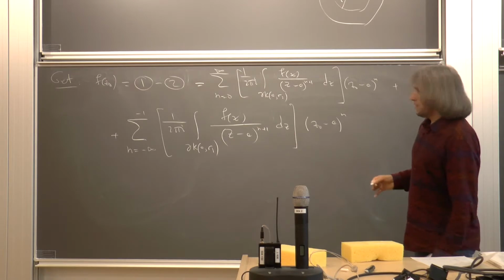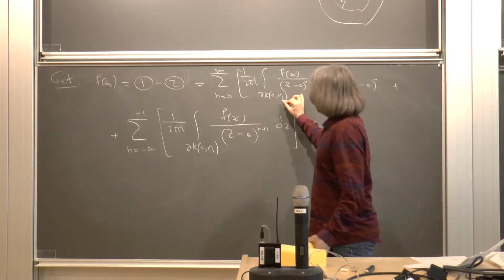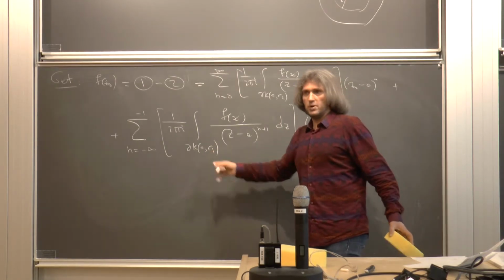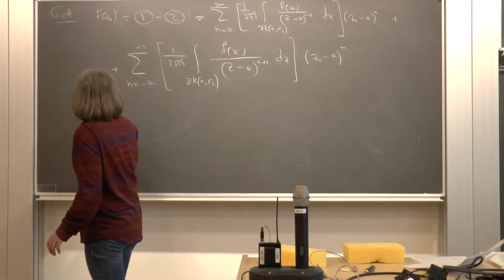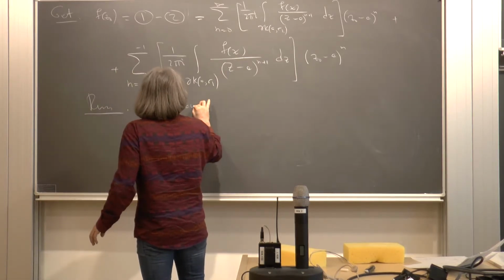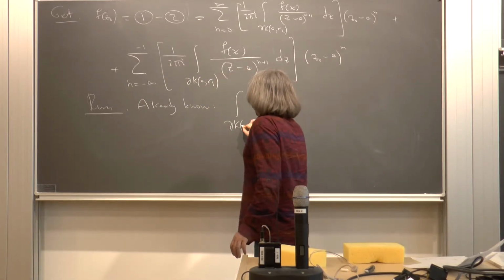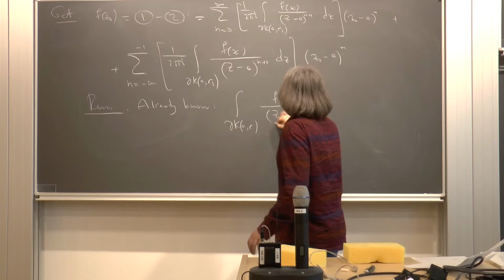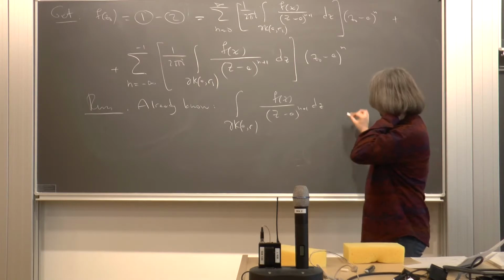So now the only difference from the formula we really want is the following, that here we're integrating over the R2 circle and here we're integrating over the R1 circle. But recall that we already know that this integral over the circle of radius r of f of z, (z minus a) to any power, does not depend on r.